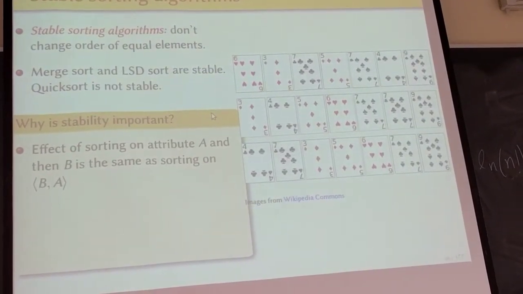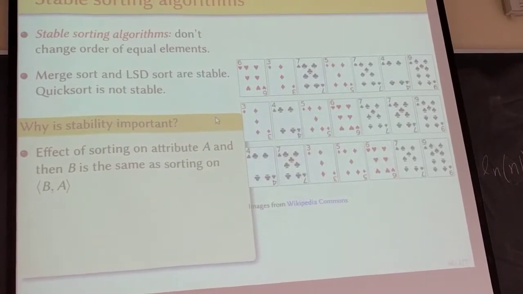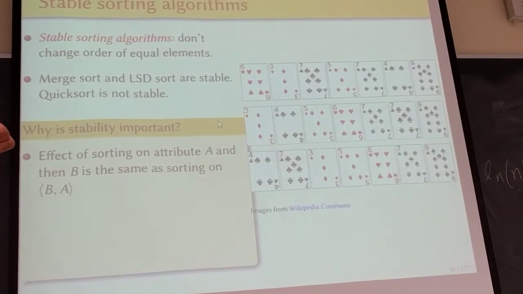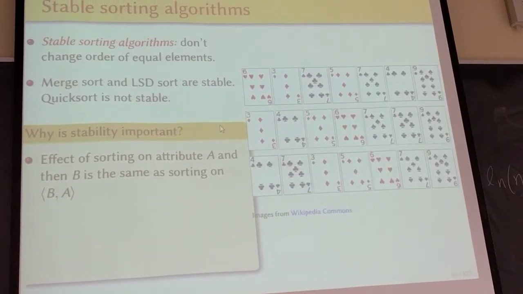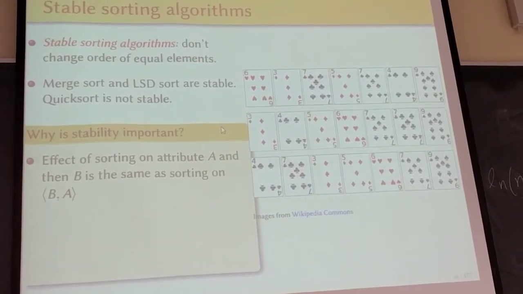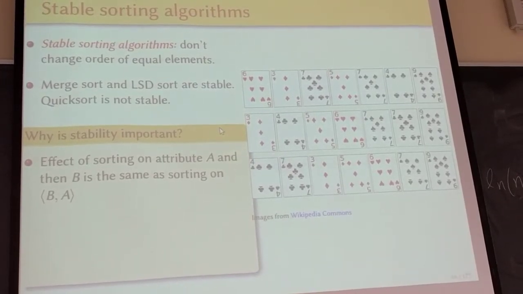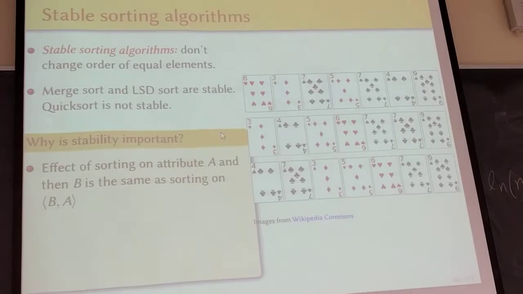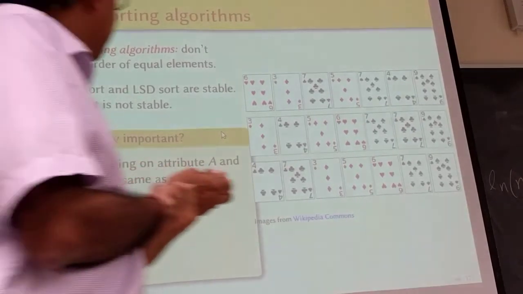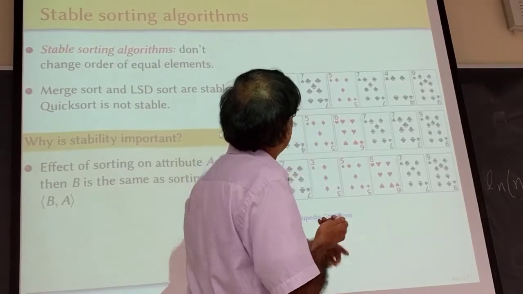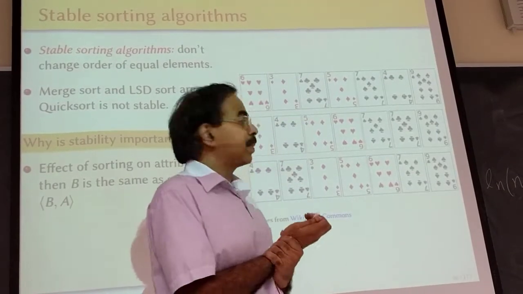Let's think of sorting cards, right? So you have numbers and suits. How do I define an ordering that says, let's say, spades is bigger than hearts, is bigger than diamonds, is bigger than clubs?